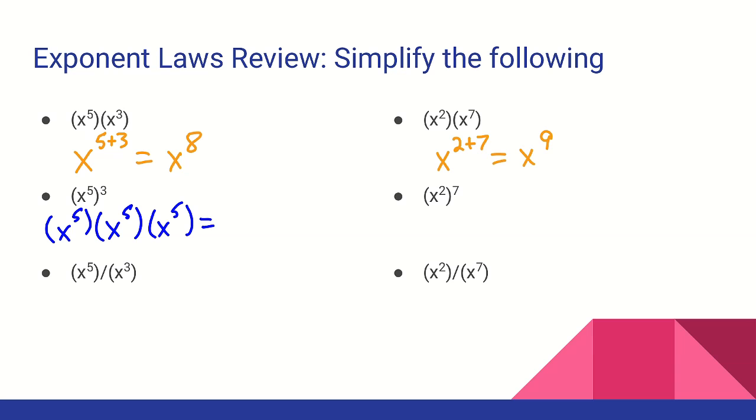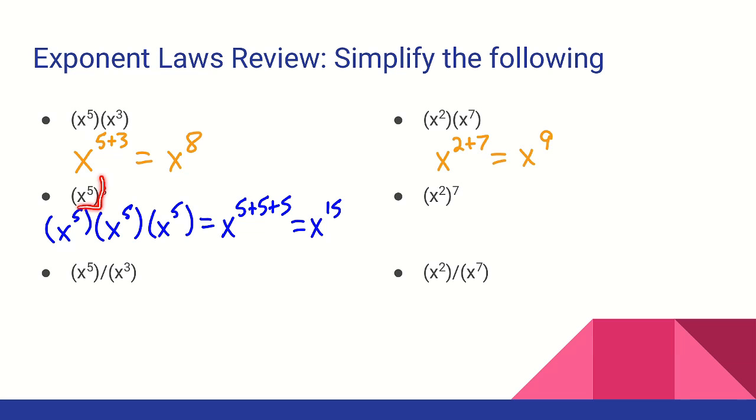And now, since we're multiplying these things that have the same base, and they have powers, you can think of it as adding those together, x to the 5 plus 5 plus 5, which is x to the 15th. However, it's a little quicker just to take this 3 and multiply it by the 5 to get the 15.